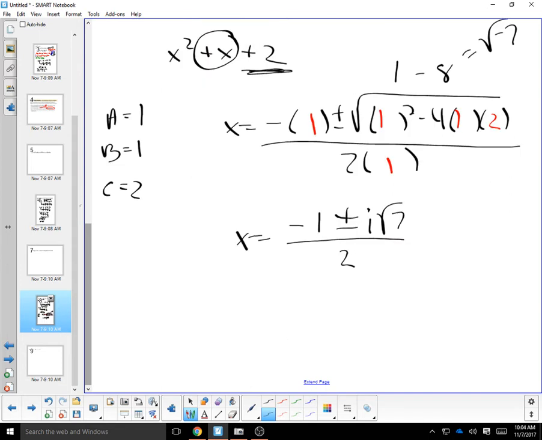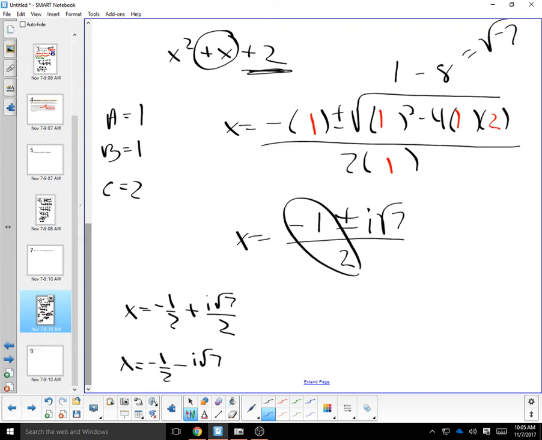Okay, let's write these as complex numbers. X is equal to, let's start with the positive, -1/2 plus i radical 7 over 2. The other is going to be -1/2 minus i radical 7 over 2. So that, along with 3 and the -3, are all 4 of our roots.